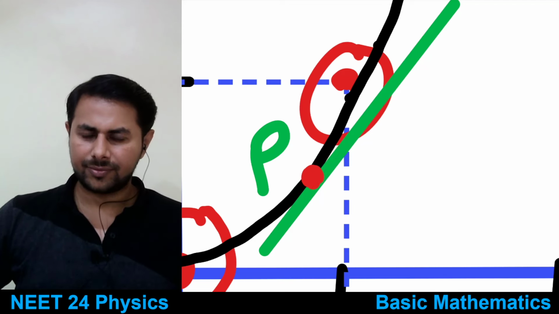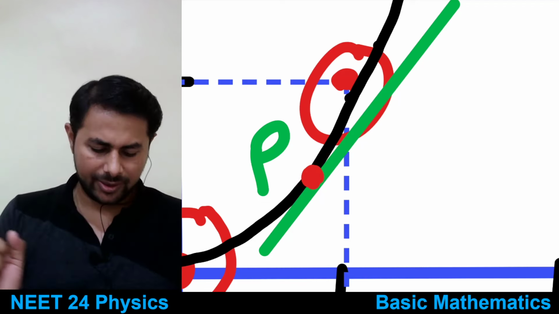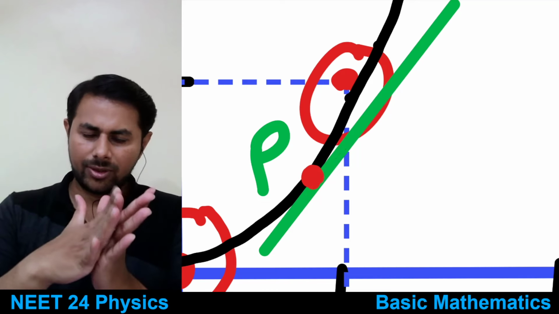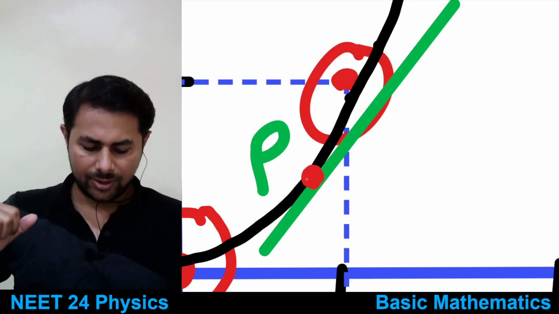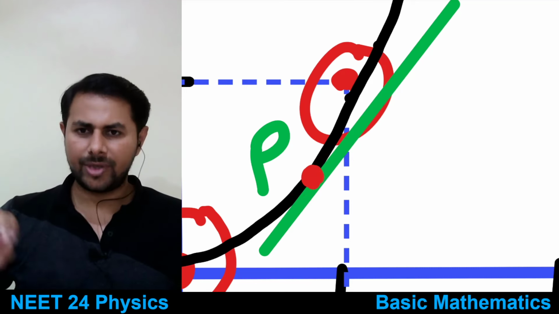This thing is clear? So this small segment and the tangent almost overlap, right? So the slope of this one and this one would be equal. So what is the slope of a graph?